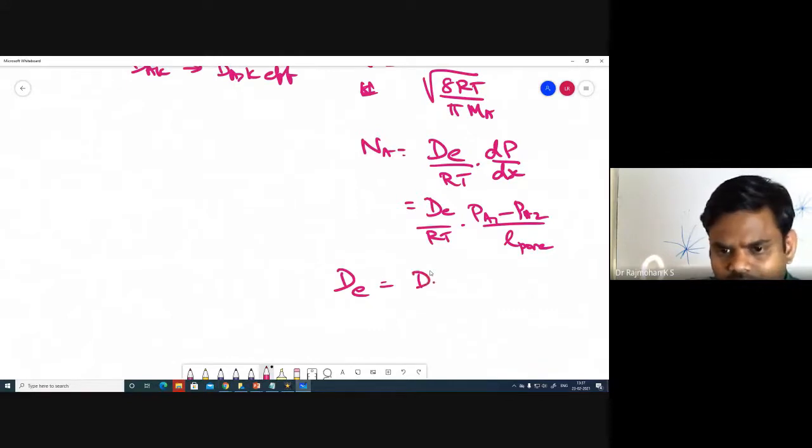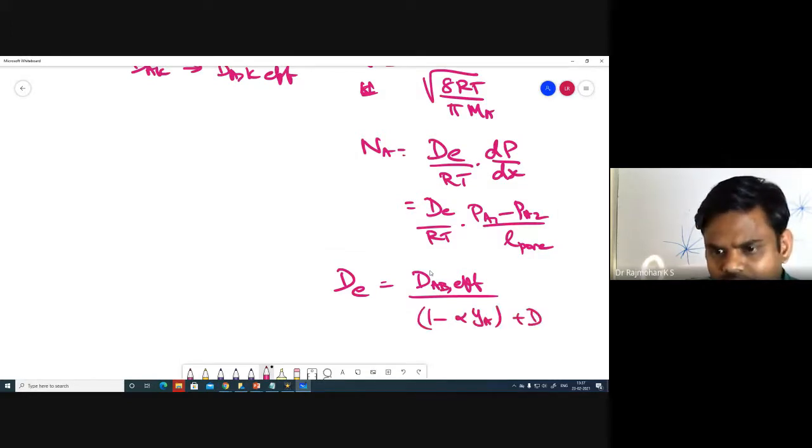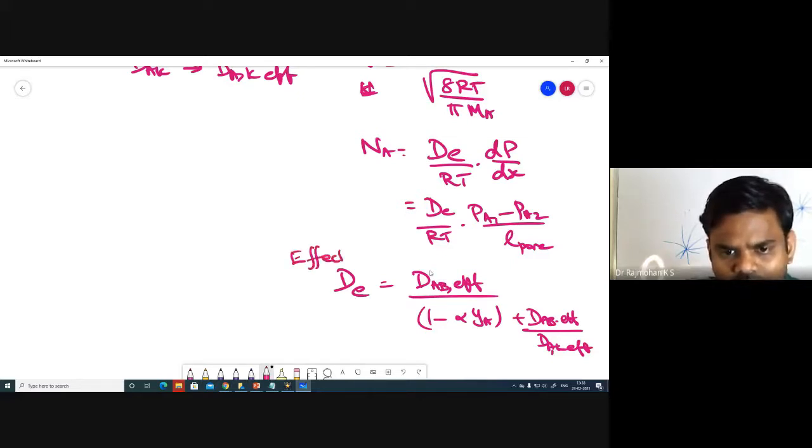So these equations we have used, and we have even seen how to use D effective for combined diffusivity: 1 by D effective equals (1 minus alpha YA) by DAB effective, plus 1 by DAK effective. This equation is used to determine effective diffusivity.